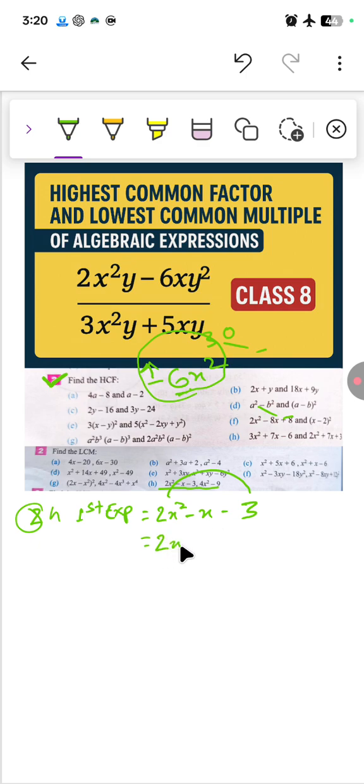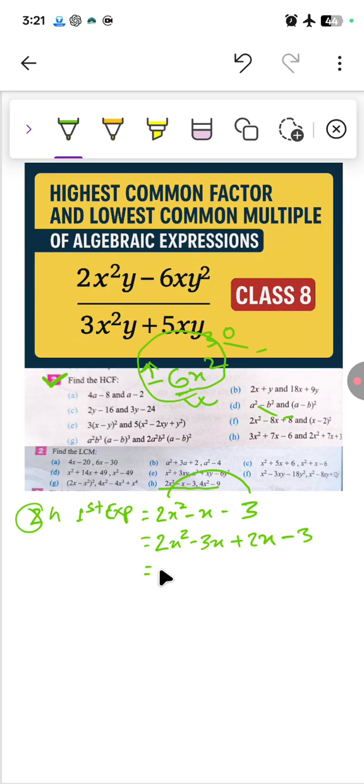Let us see, that will be minus 3x plus 2x. If you multiply minus into plus, it comes minus 3x into 2x, 6x square. By subtracting minus 3x plus 2x, when you subtract, it will come minus x. So we are done with that.